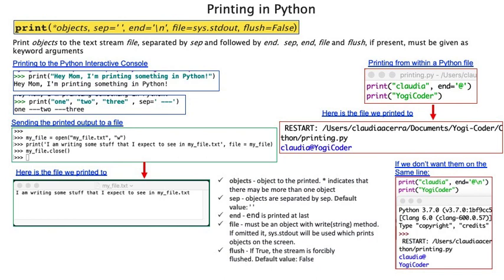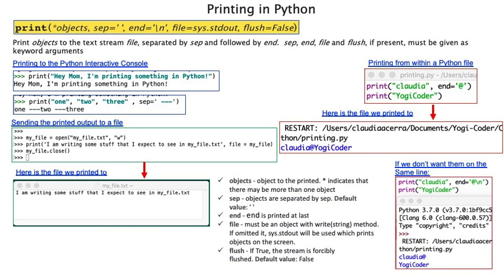Print, I am writing some stuff that I expect to see in my text file, and then file equals my file. So we define what the file is, and then we have to use it in our print statement as a keyword argument, and then we close the file. And down below, here is what gets printed to that file. Just exactly what you would expect, exactly everything that's in single quotes.